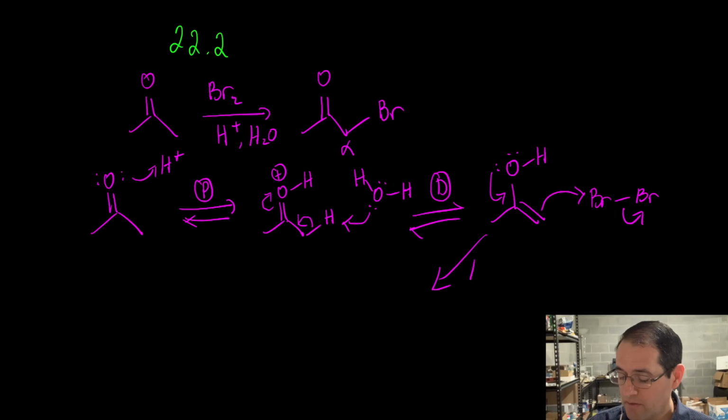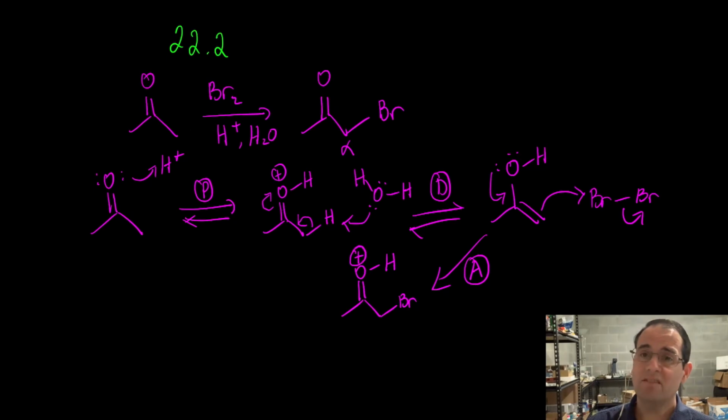So we call this A for attack, and what you get here is a protonated bromoacetone. The last step is to remove that hydrogen, and so water here will deprotonate that, giving you the neutral ketone or aldehyde from your starting material.